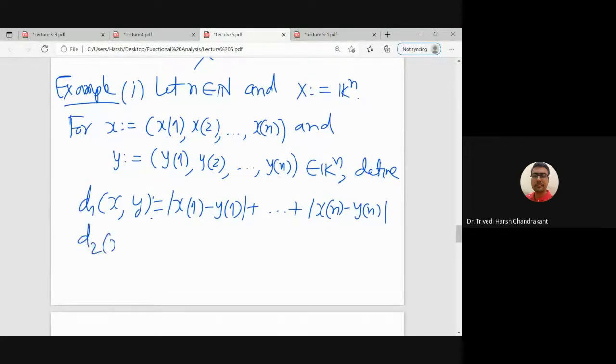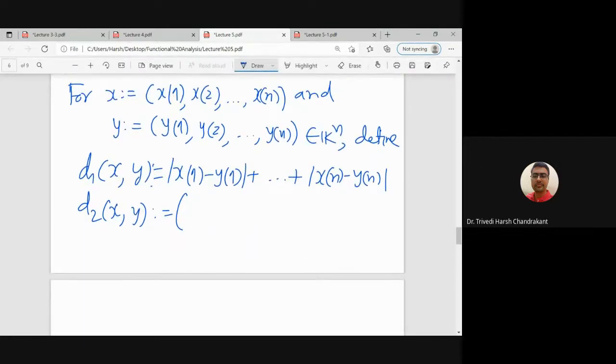We are defining the second function d2 to be the square root of the sum of squares of the differences of coordinates, x1 minus y1 squared and so on.